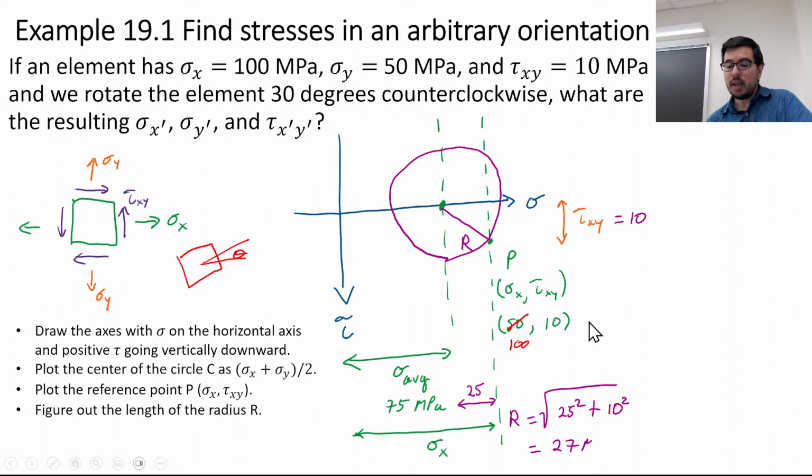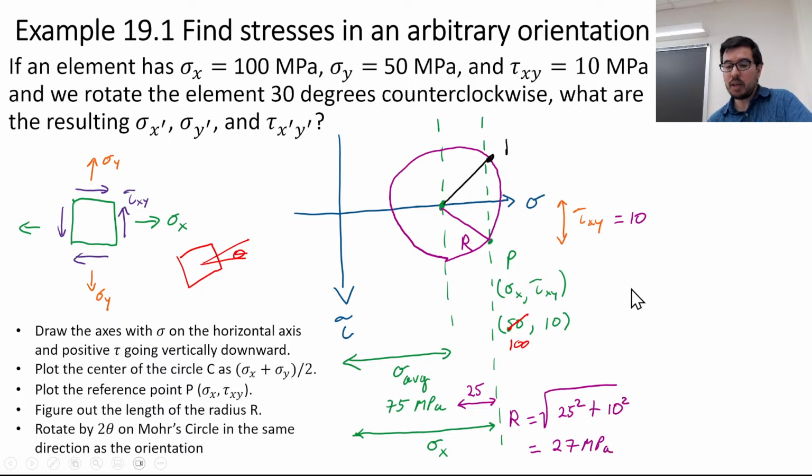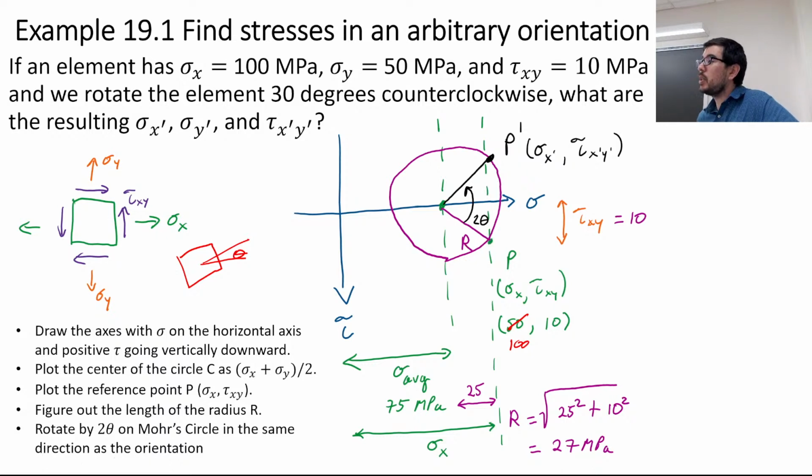Okay, and that rotation, that 2 theta rotation, the rotation on Mohr's circle, is twice the rotation you have for the element itself. So remember we've been rotating our material elements by theta, and we're typically defining theta as positive in the counterclockwise direction.